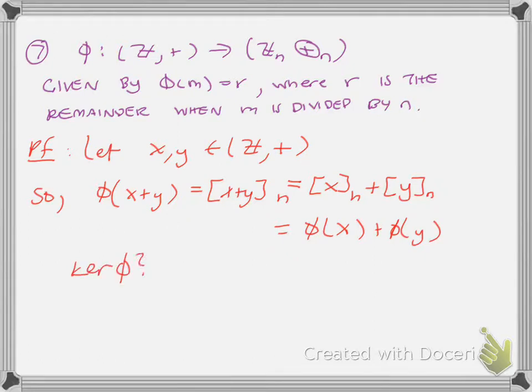Now here, let's look at an example because I want to make sure you all agree with that format and that proof. So let's just do a check. Let's say we're under Z5, and let X equal 3 and Y equal 5.